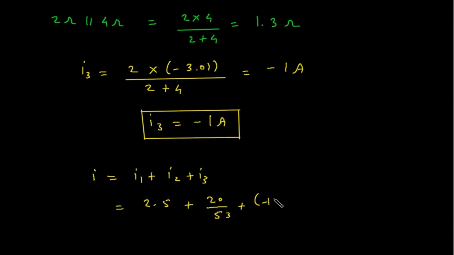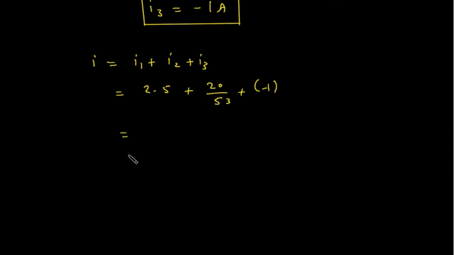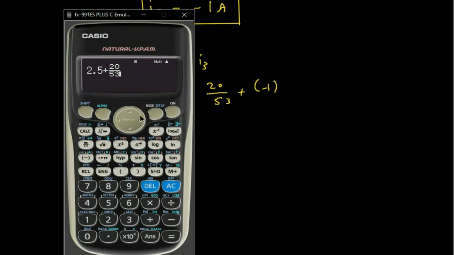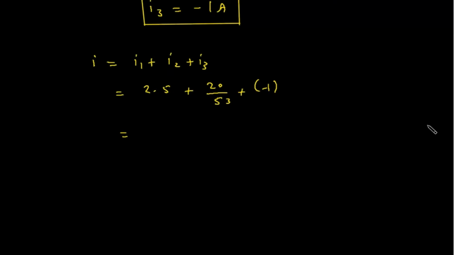I3 is minus 1 ampere. So this will be 2.5 plus 20 by 53, then minus 1. So this will be 1.877 ampere. This is the value of I.